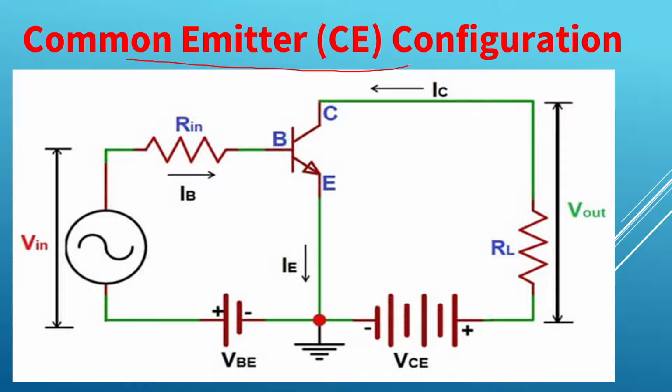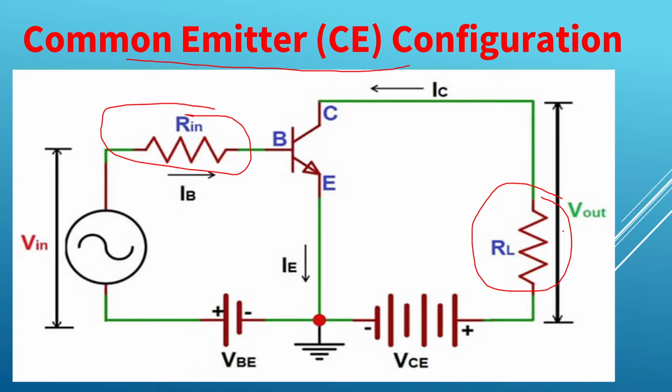This common emitter configuration has moderate input and output impedance. It will usually have moderate input impedance as well as moderate output impedance. Of course, in this diagram only resistors are shown. If reactance is 0, resistance is equal to impedance. I hope you know that.